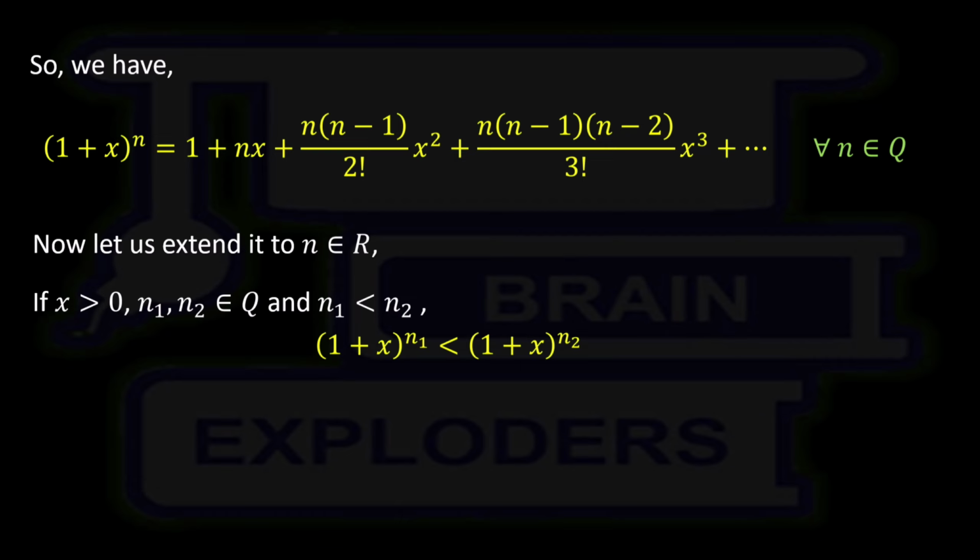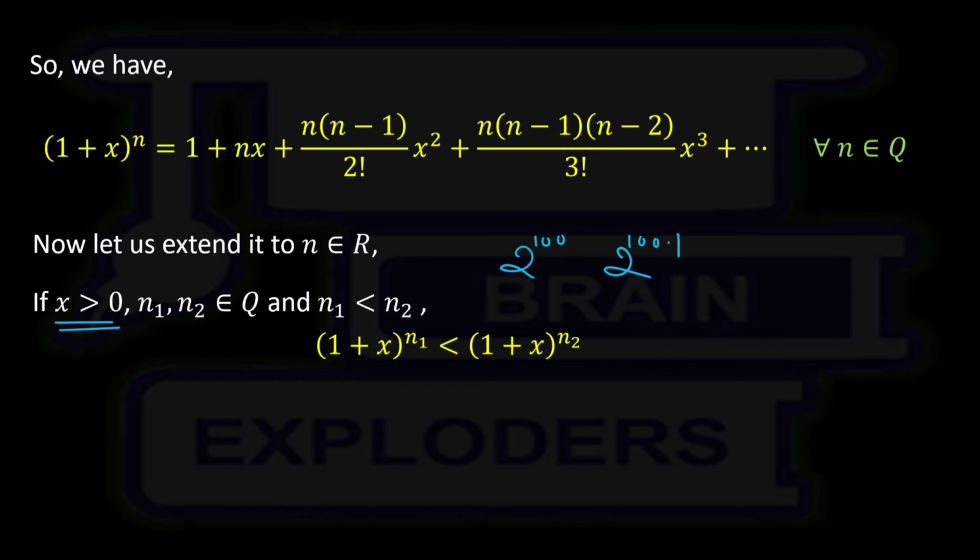So if here x is greater than 0, then 1 plus x is also greater than 0, right? I mean 1 plus x is greater than 1, right? So let us take an example. Suppose we have 2, and if we ask that 2 raised to the power 100 and 2 raised to the power 101 or 100.1, which one is greater?